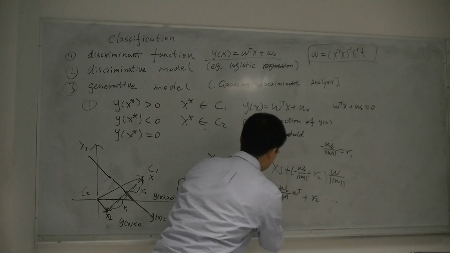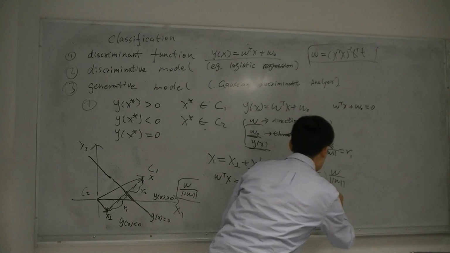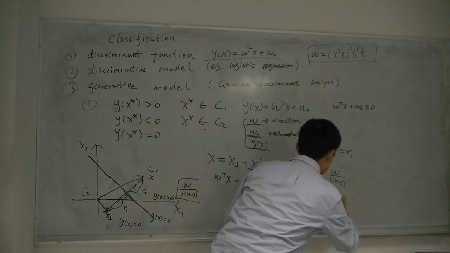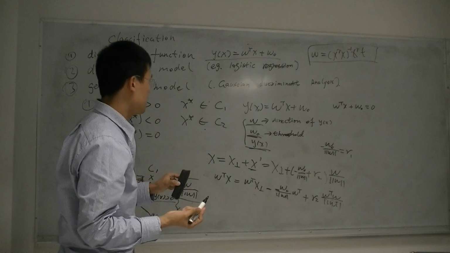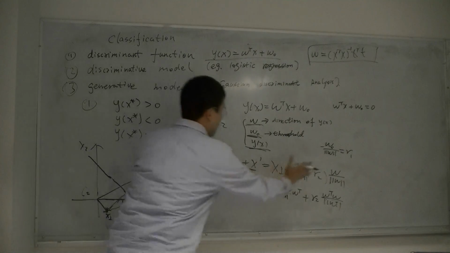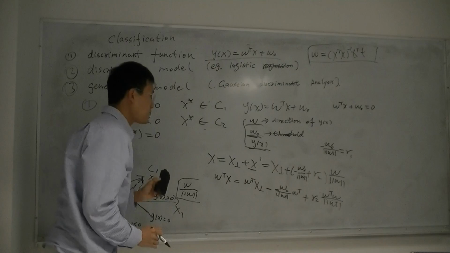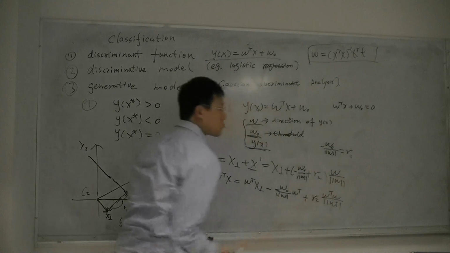Both are scalars, right? There's a minus sign here. We just multiply omega transpose on both sides. This is a scalar, and this is a unit vector.